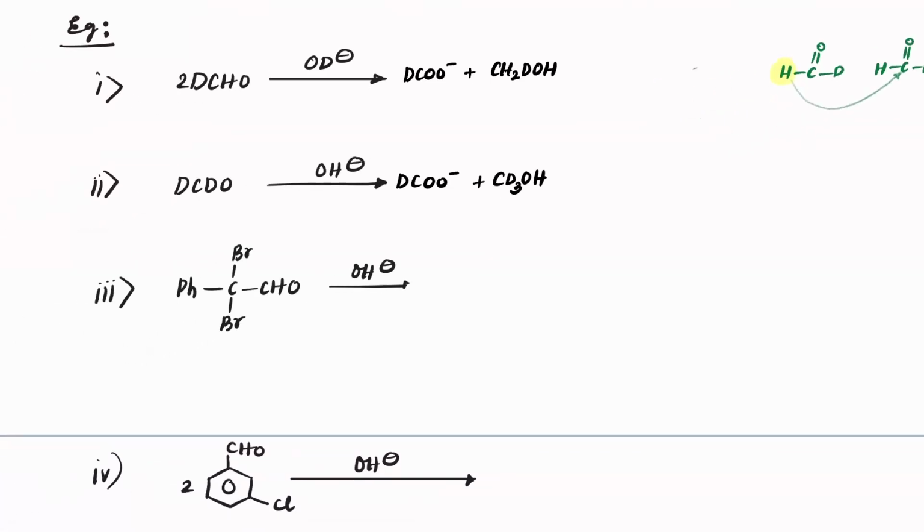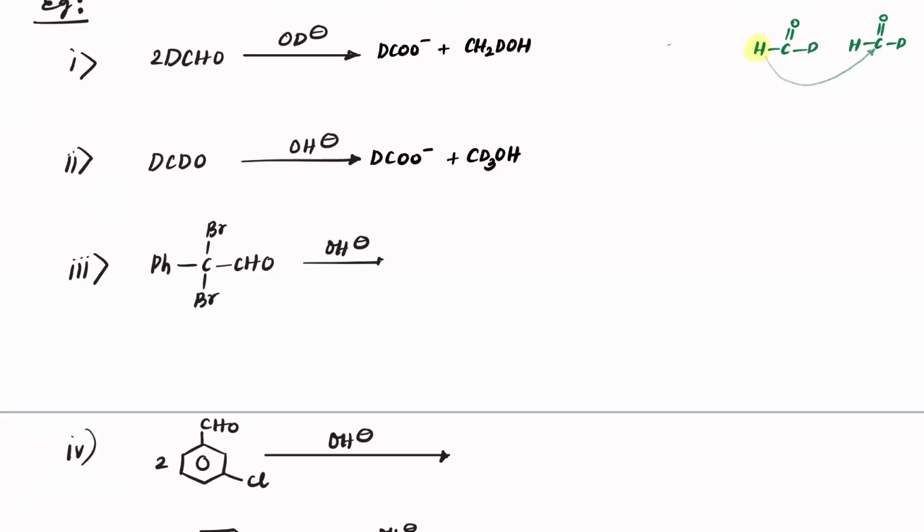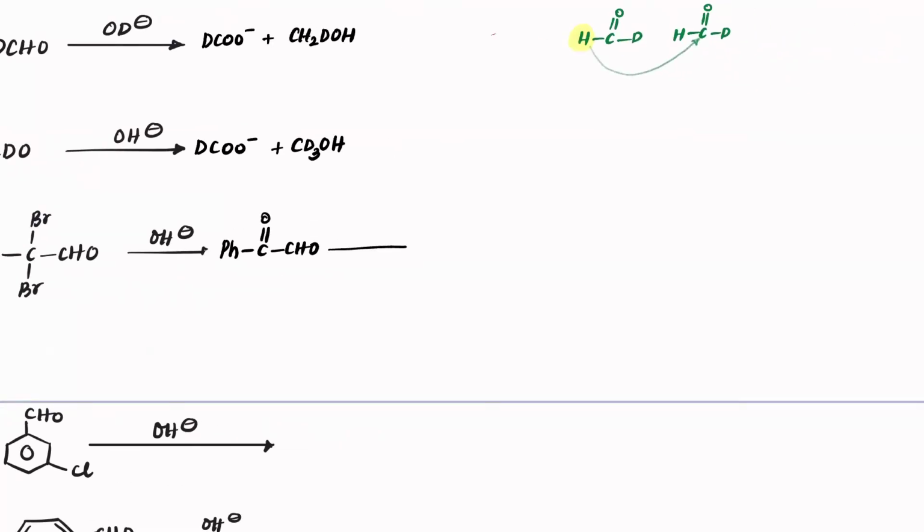And next, here, first this will convert into a keto form, that is PHC double bond OCHO after hydrolysis. Then Cannizzaro would be applied. So as you react with OH minus, this will become an alcohol part and this will become an acid part.